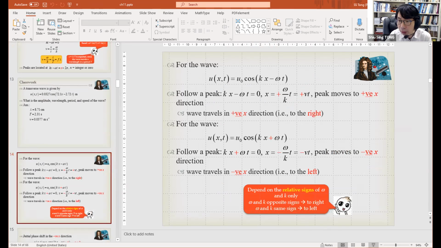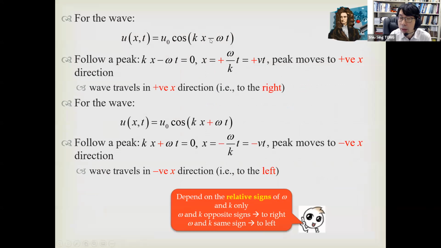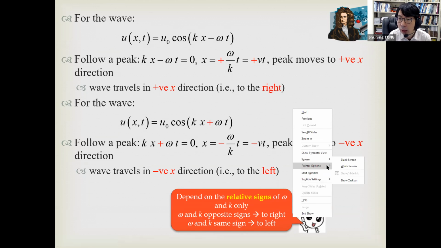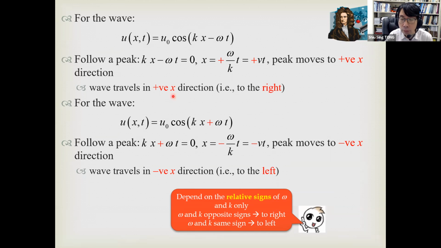Now you may wonder why there's a minus sign here between kx and omega t, a minus sign in front of the omega. Let's discuss it. In our previous discussion, we followed a peak. For the first peak of the wave, we set the argument of the cosine to be equal to 0.